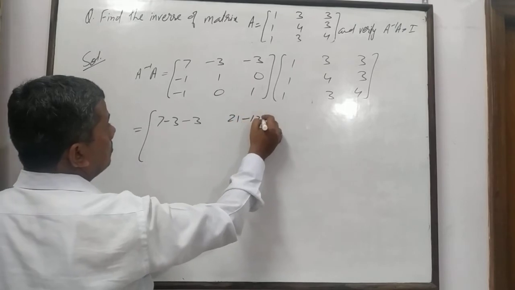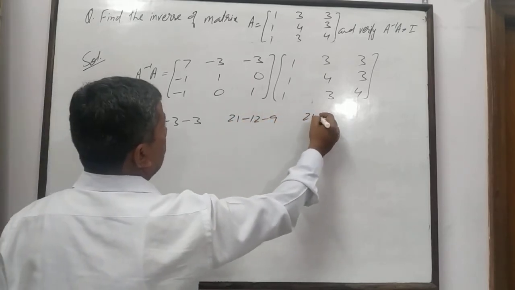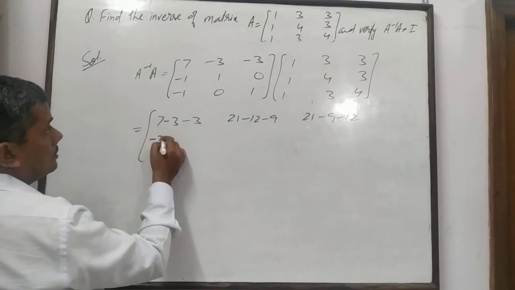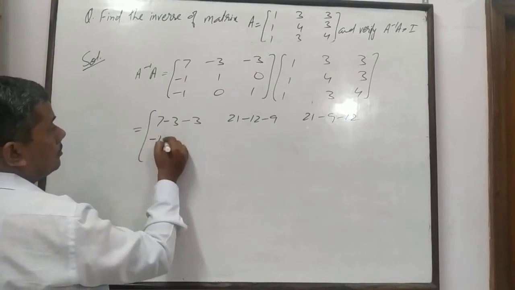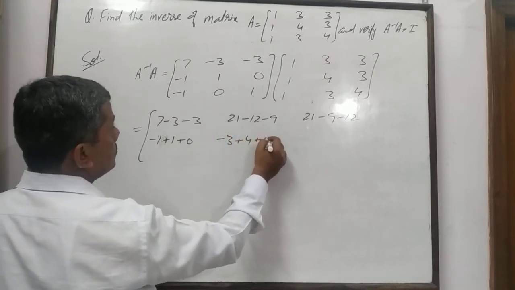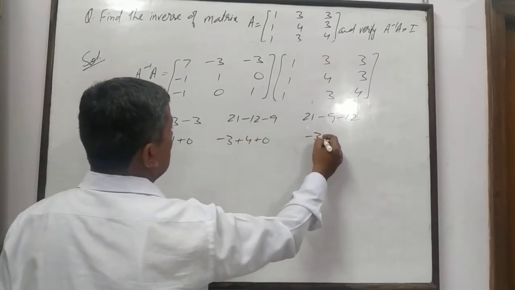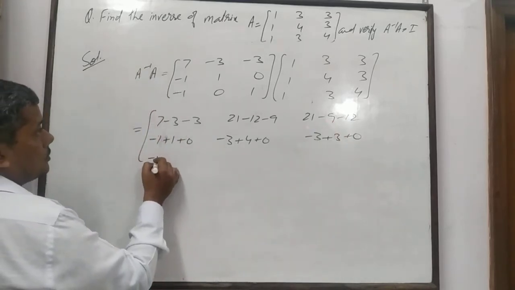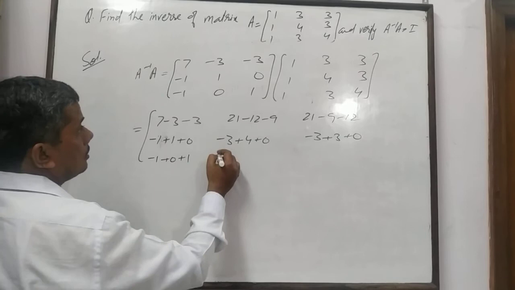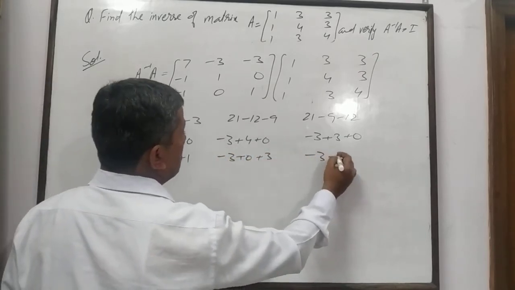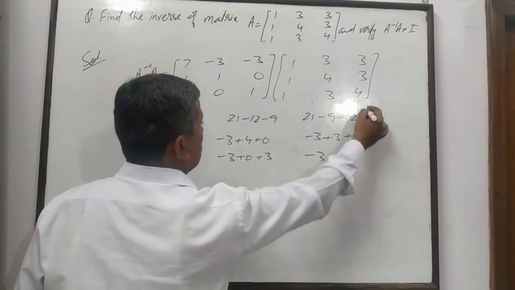So you'll have 7 minus 3 minus 3, 21 minus 12 minus 9, 21 minus 9 minus 12; then minus 1 plus 1 plus 0, minus 3 plus 4 plus 0, minus 3 plus 3 plus 0; then minus 1 plus 0 plus 1, minus 3 plus 0 plus 3, minus 3 plus 0 plus 4.